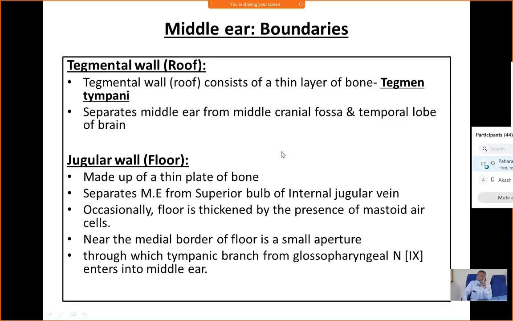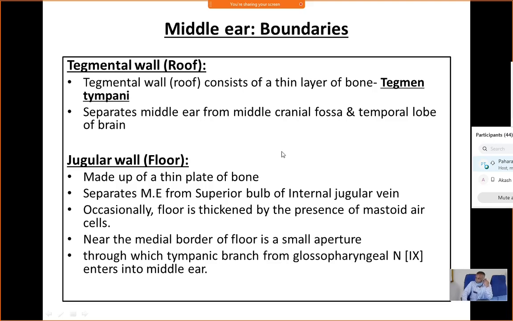So the tegmental wall, that is the roof, consists of a thin layer of bone which is called tegmen tympani. It separates the middle ear from the middle cranial fossa and the temporal lobe of the brain. Suppose there is an infection in the middle ear cavity, and ultimately the tegmen tympani gets ruptured due to the infection.